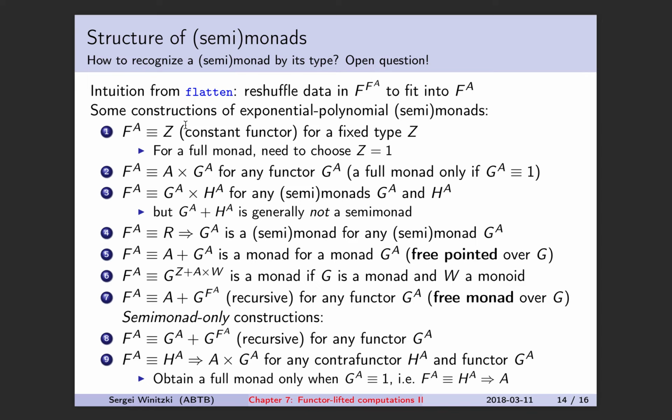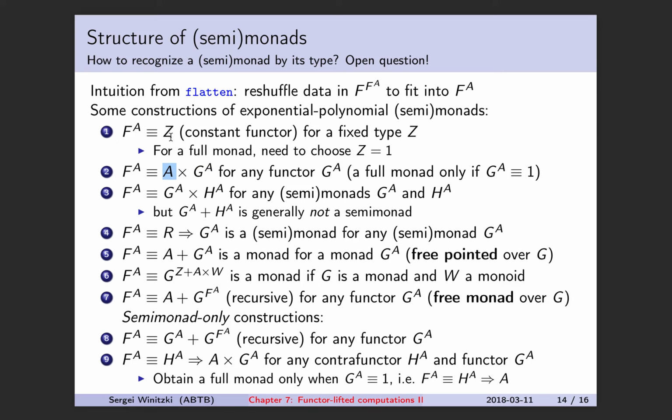So these constructions give you examples of monads, such as a constant functor. Again, for a full monad you need a unit, but for a semi-monad it can be just any fixed type. Then you have a product of A and something, which is a semi-monad only, and a full monad only when the identity monad is considered, so G is 1.